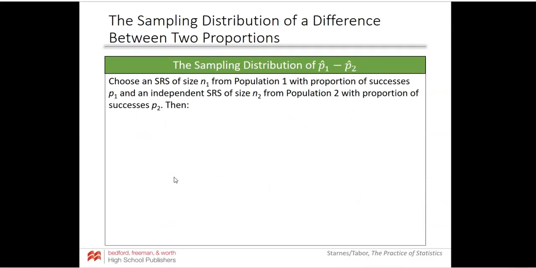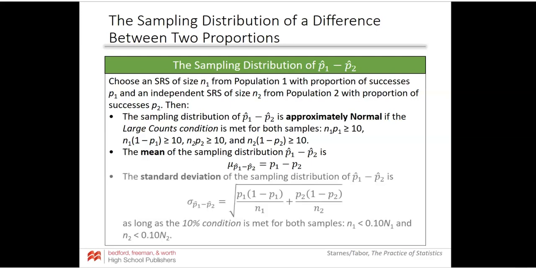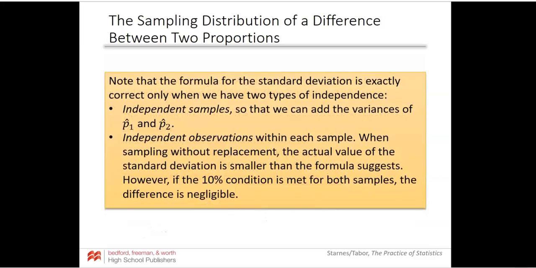The sampling distribution of the difference of the two proportions is approximately normal if the large count condition is met for both samples. We checked it for both and it does. The mean is exactly what you think, just the difference in the two. The standard deviation, again, use that formula as long as it meets the less than 10% condition. So you've got to check that before you do the standard deviation.